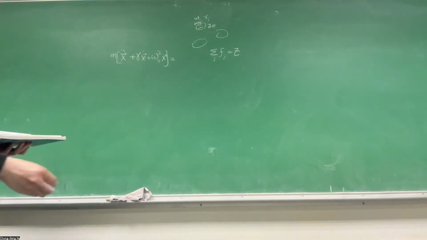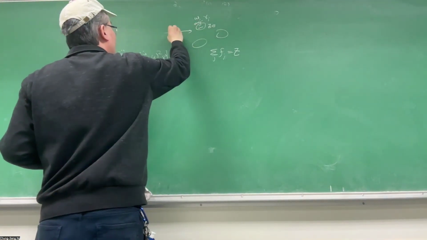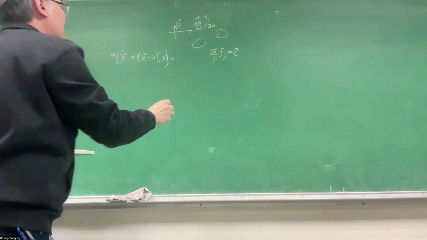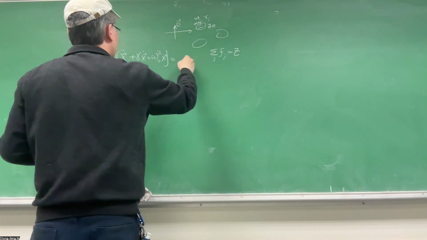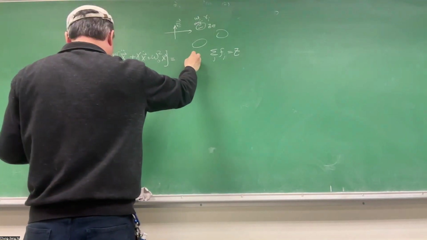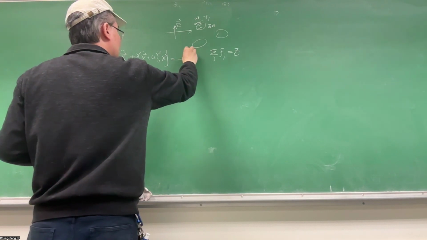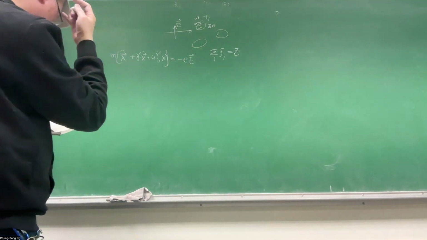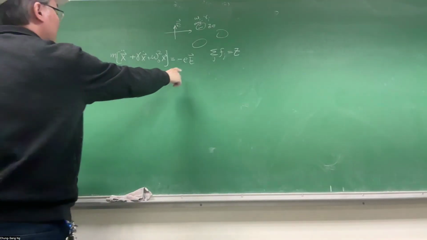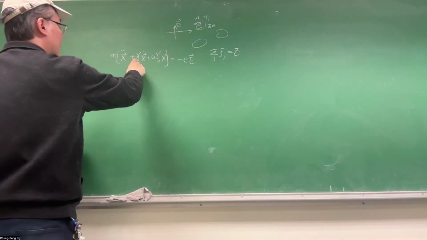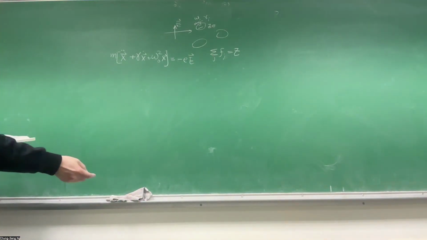And now if you have a wave propagating through this oscillator with electric field E, right? Then the right hand side becomes minus e times E. This is considered just one charge, right? But later on we sum over all the charges.